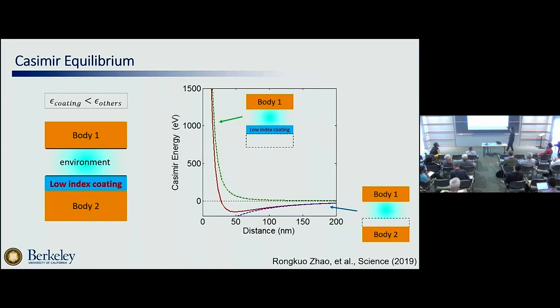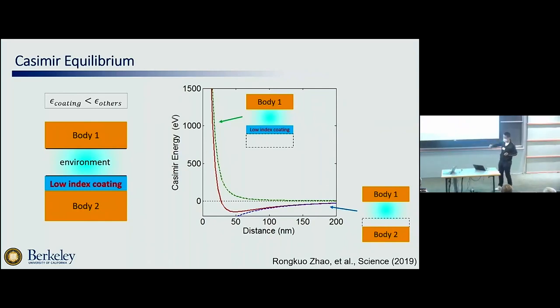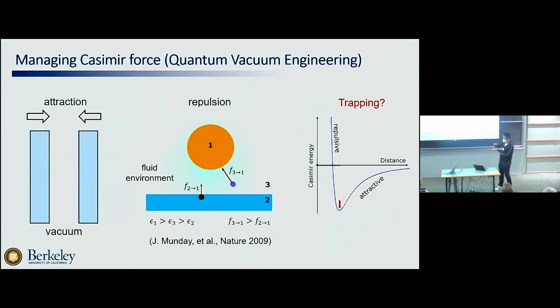But if you put the body one very close to the low index coating, then you can imagine this three-body interaction, like the competition between the attractions, will play an important role here.